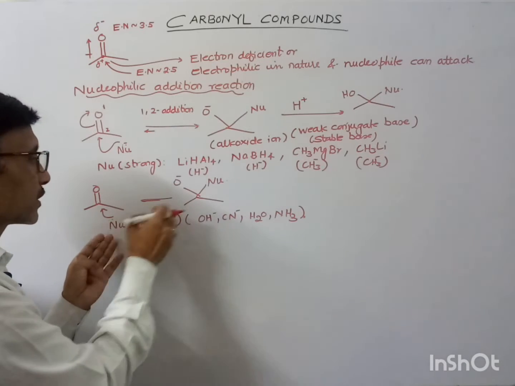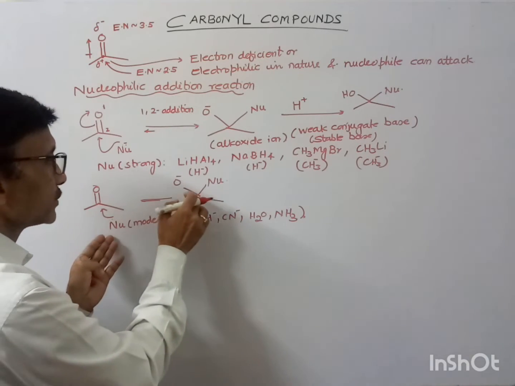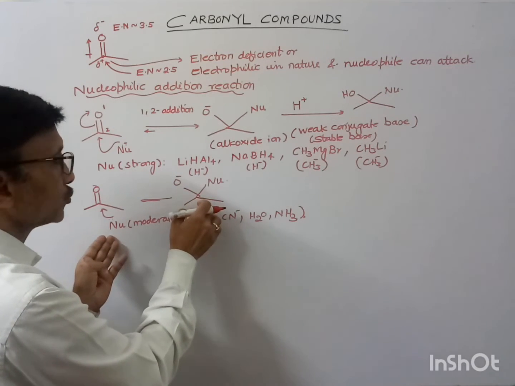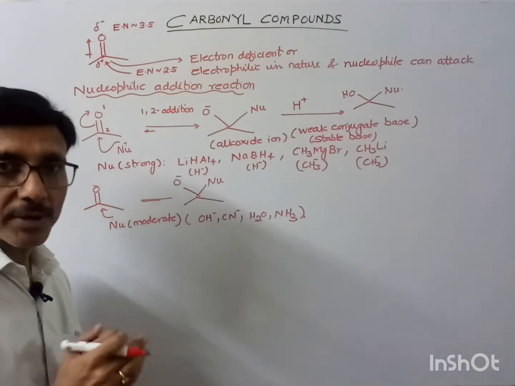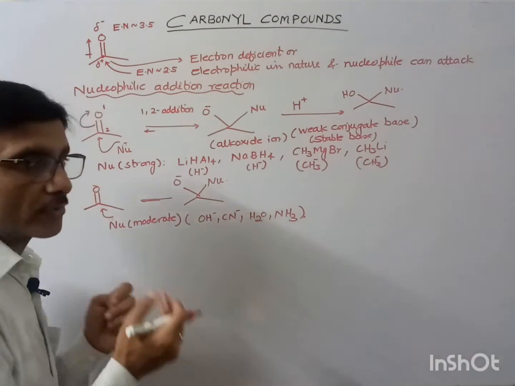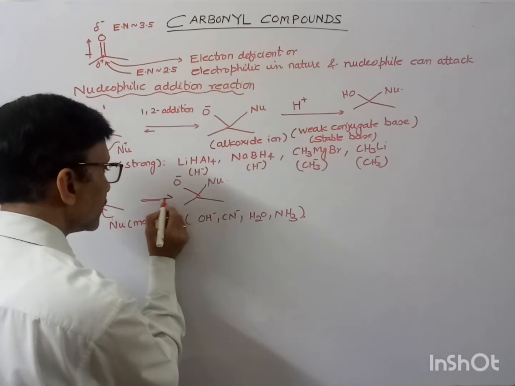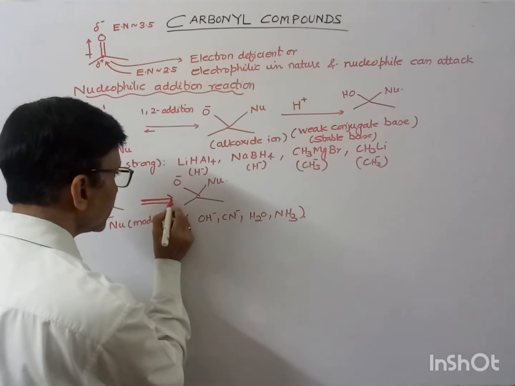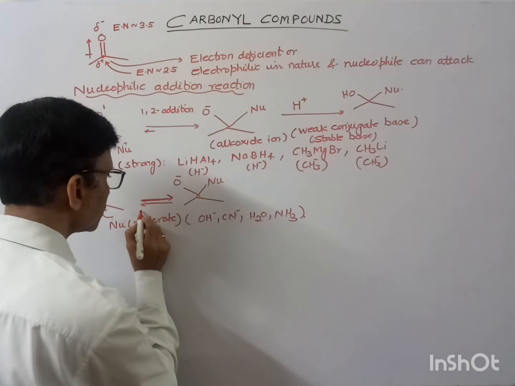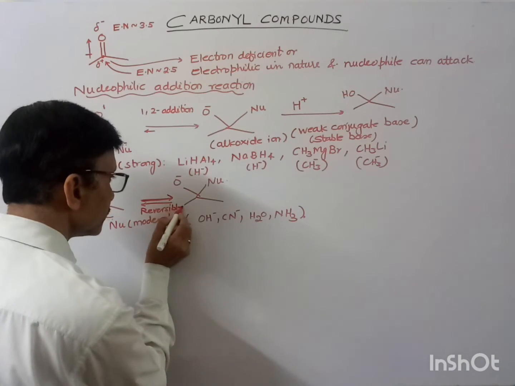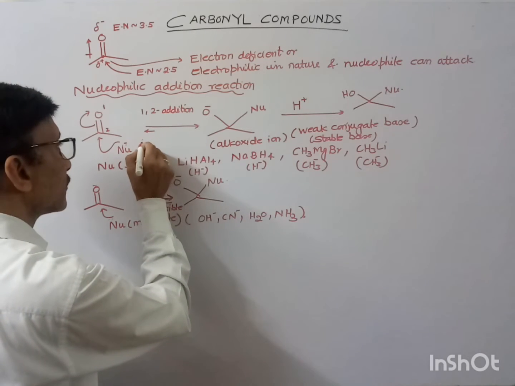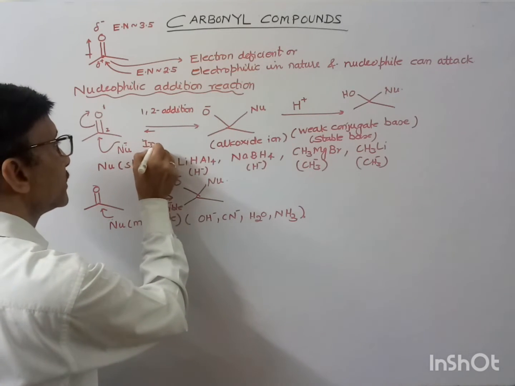Both the alkoxide ion, as a weak conjugate base, and this nucleophile are comparable, both are moderate. That's why under these nucleophiles the reaction is reversible. So this is a reversible reaction, and this is our irreversible one, we can say.